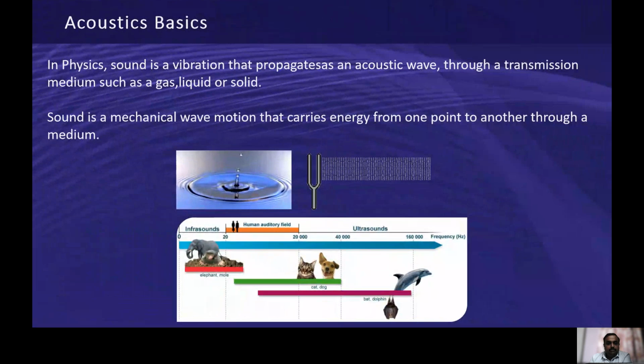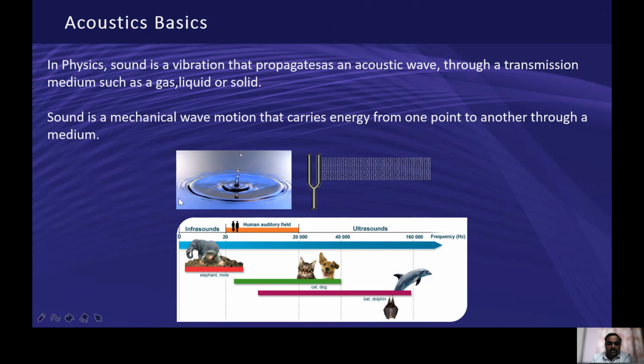Let us begin with a basic thought process on acoustics basics. Probably this would be our last slide for part one. In physics, sound is a vibration that propagates an acoustic wave through a transmission medium such as gas, liquid, or solid. It is known to most of you because this is a part of high school physics, that sound is a vibration.